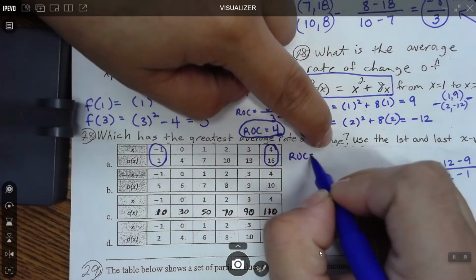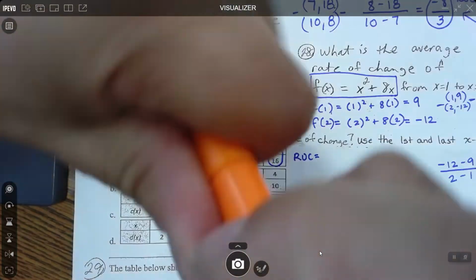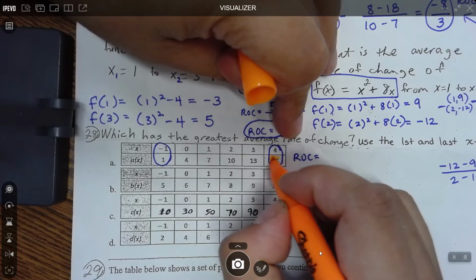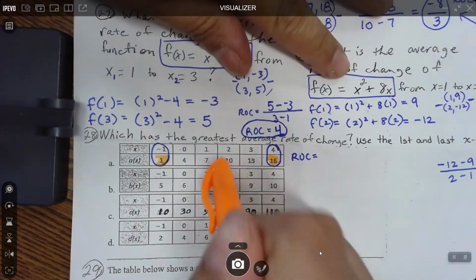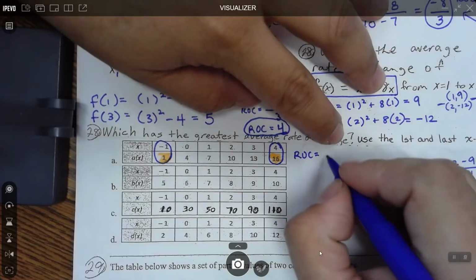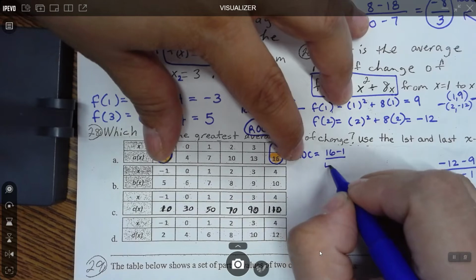So the rate of change is going to be, which ones are the y's? This is the y, and that's a y. So it's going to be 16 minus 1 over 4 minus negative 1.